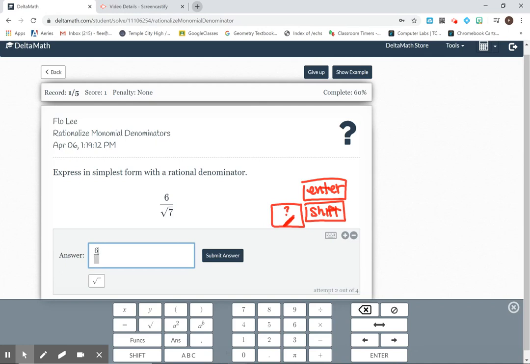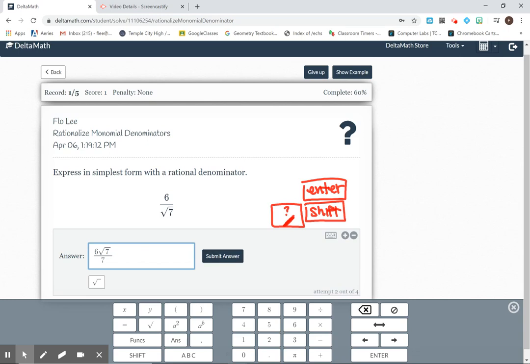I can use my arrow keys, and see how when I hit up, it's going to highlight a different section, right? So here on the top, I'm missing square root of 7. So I'm going to type square root of 7 on top. And on the bottom, I'm going to type in 7. There. So how you get the fraction to appear is you hit that slash key.